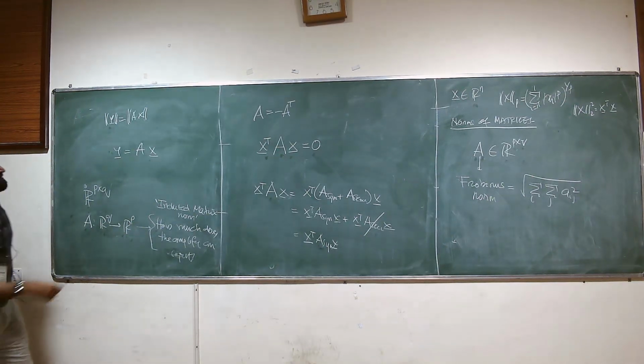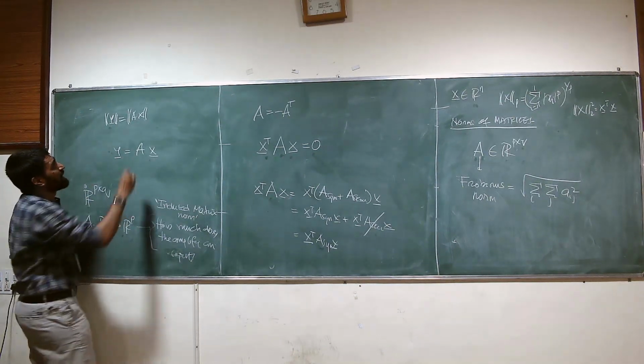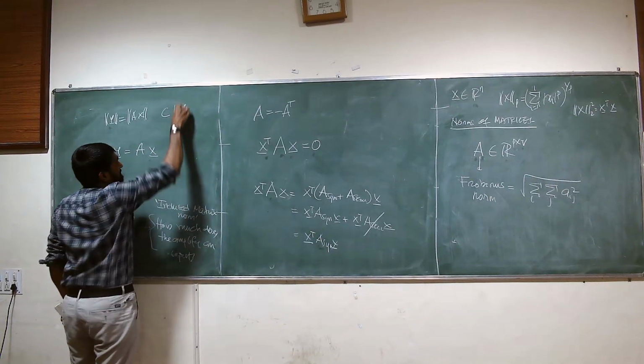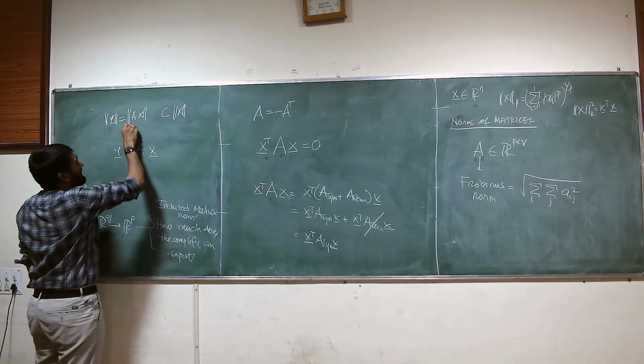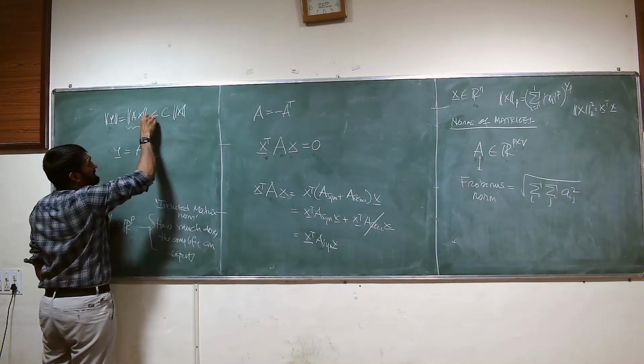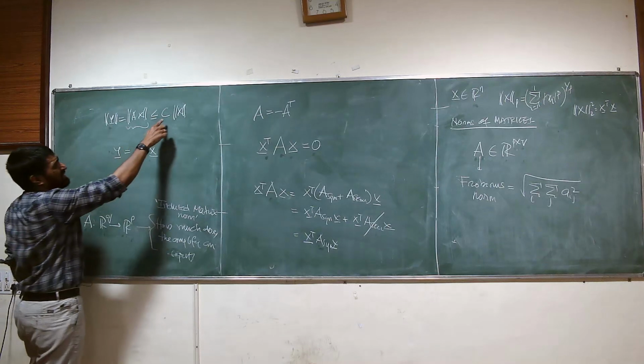We want to identify a positive number C such that the length of this vector Ax is always less than C times the size of x.